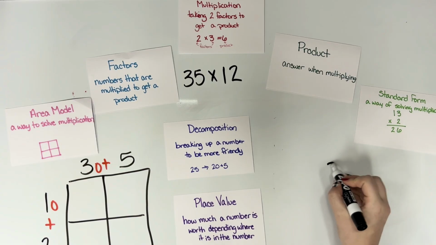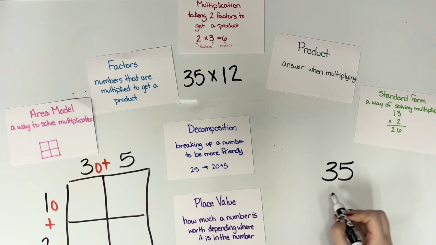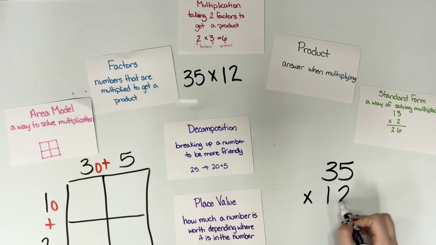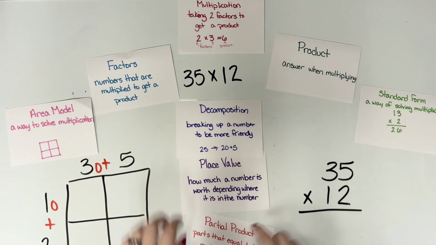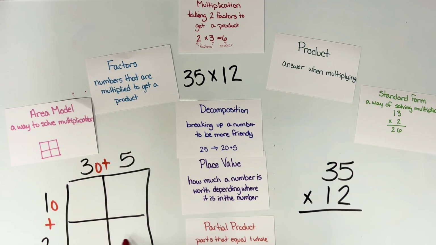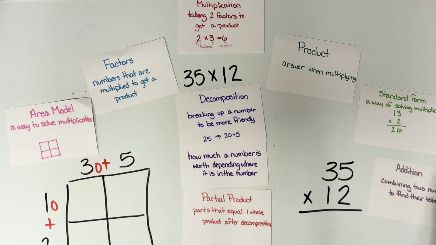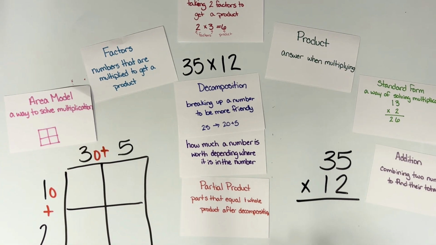And in standard form, you're going to be just stacking them the same way we did before. And remember, you are finding the partial products because we are decomposing, and you are then going to have to add your partial products back together to get your final product. But please pay attention because the place value has changed, and that will change your answer from the original problem.